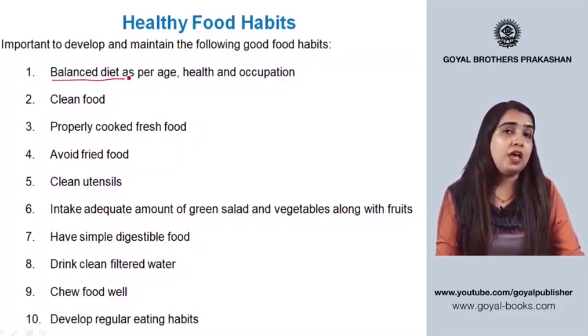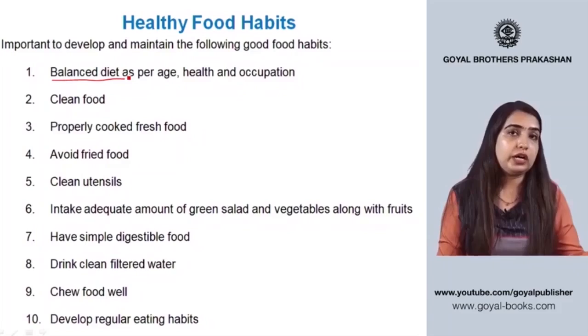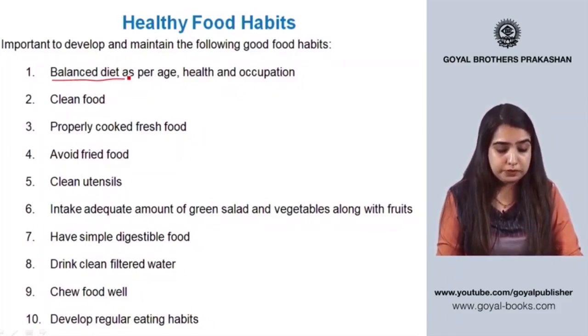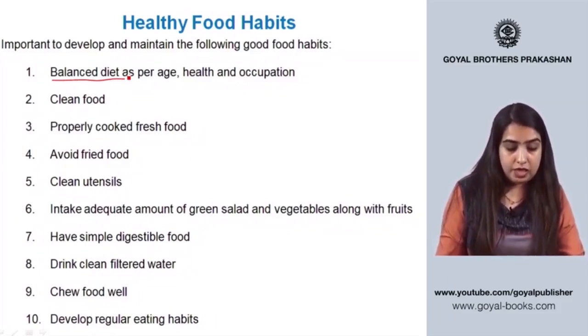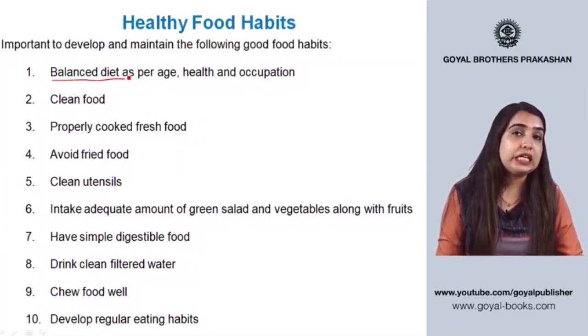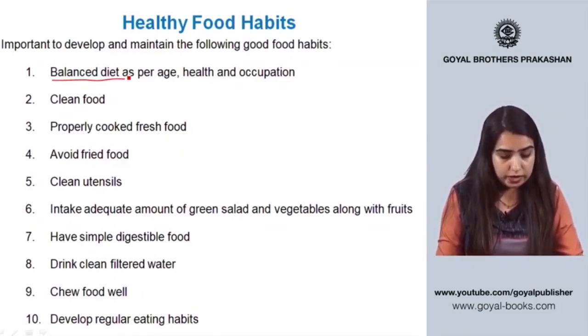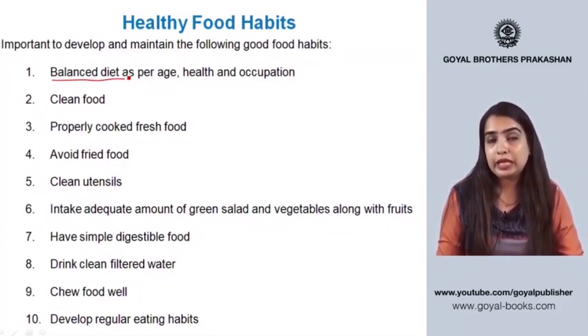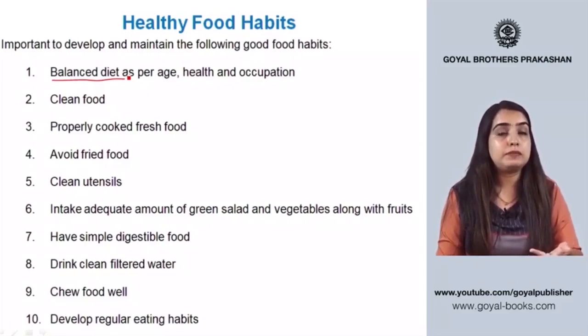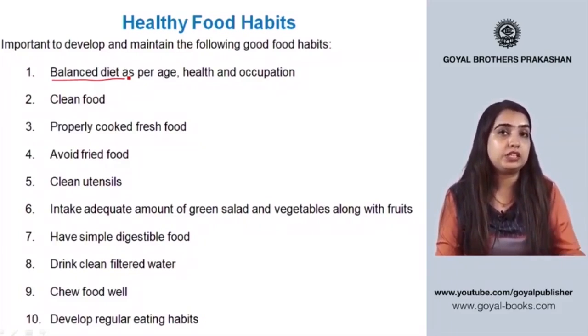It is said that the more colored fruits and vegetables we eat in our diet, the better it is for our health. We must try to eat food which is simple and can be digested easily. We must have an adequate amount of clean filtered water as well, and we must chew our food well. It is noticed sometimes that when we eat rapidly, we face problems like indigestion.